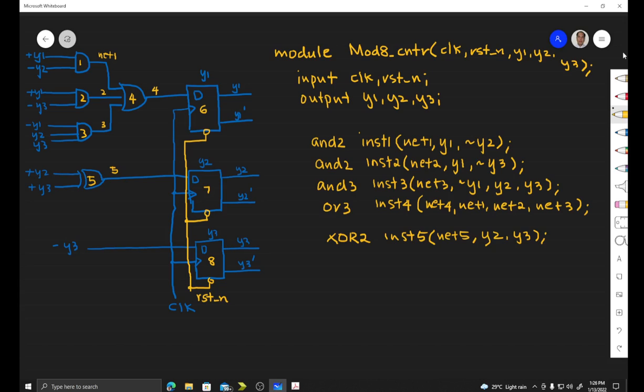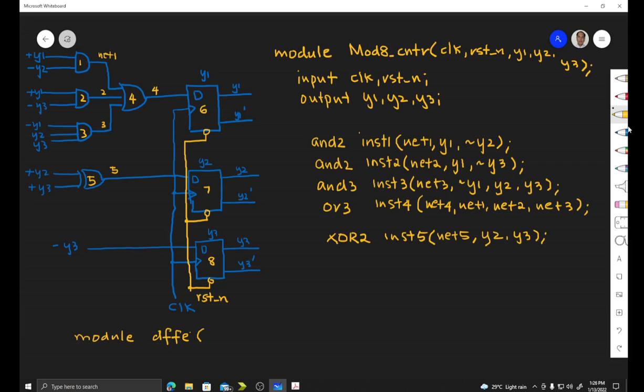Now we have our D flip-flops. Suppose we have another module for the D flip-flop, named DFF flip-flop.